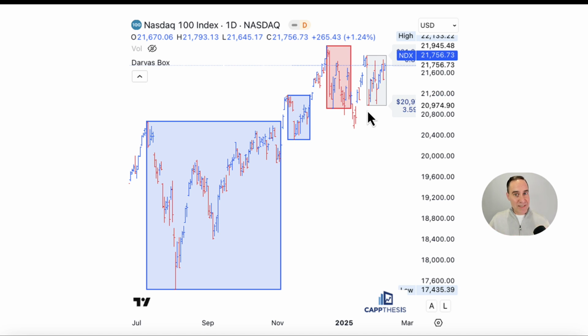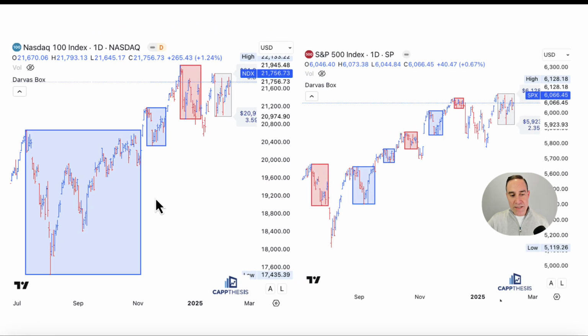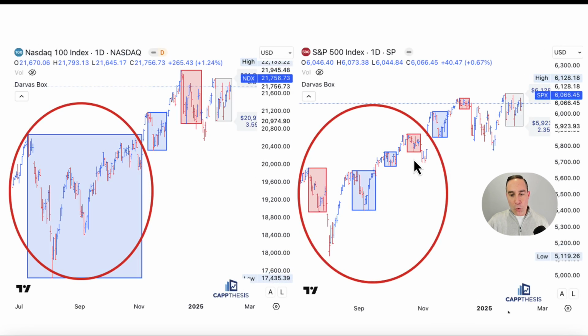Side by side, for the NDX, it looks at the entire period from the July high, August low, all the way to right before the market broke out post the election, whereas for the S&P 500, we had 4 different trading boxes in there where the NDX had 1.